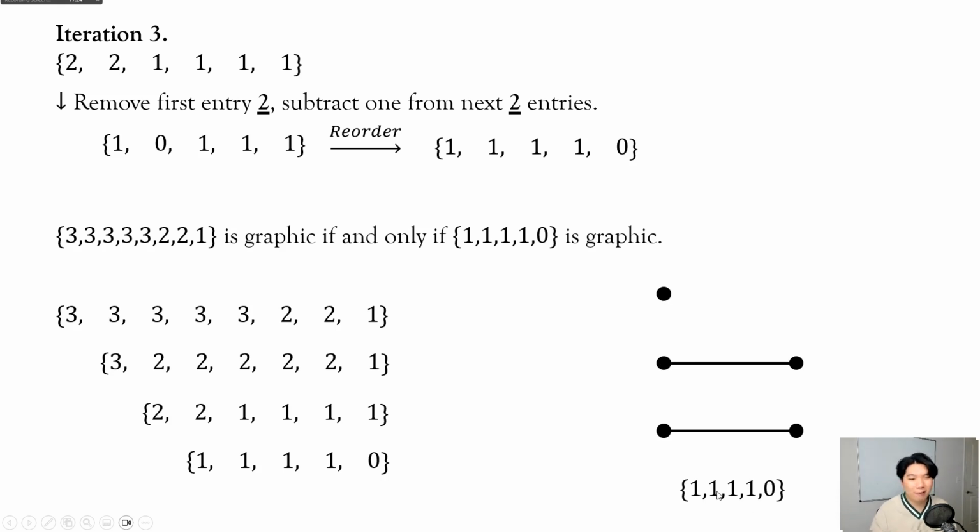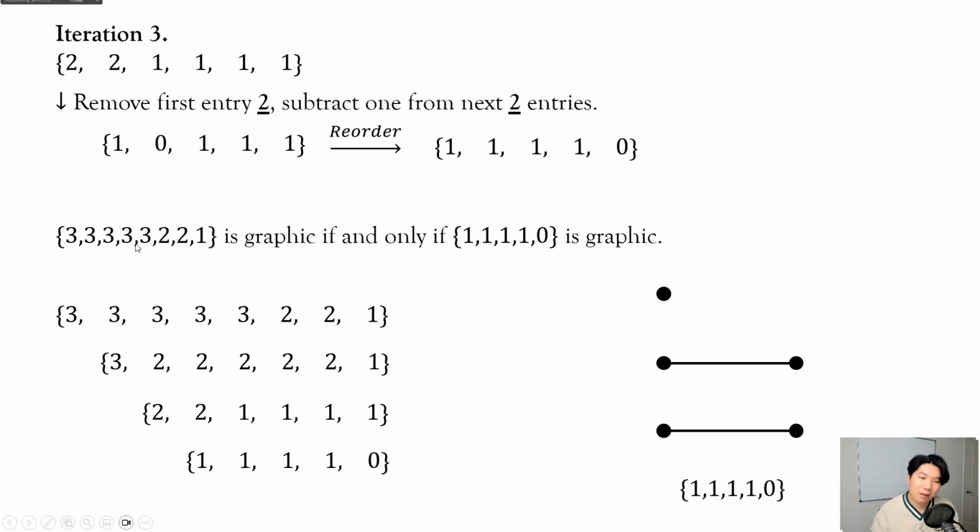In other words, we played around with it a little bit to see what's going on. So I have a graph that matches my smallest sequence. This tells me that 1, 1, 1, 1, 0 is in fact graphic. By our theorem, since this bottom sequence is graphic, then the rest of these must also be graphic.